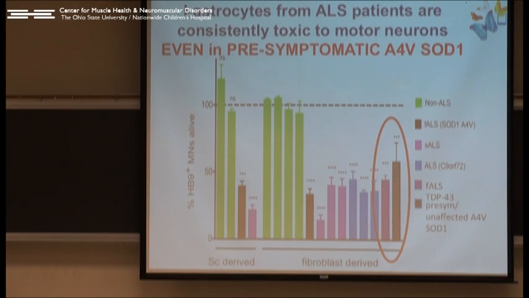I can tell you that every single A4V SOD1 patient that has died within 1 to 2 years, those are our most aggressive astrocytes, whether they come from the postmortem derived spinal cord or from a fibroblast. So it's interesting to consider potentially using these patient-derived cells as disease predictors for disease progression.